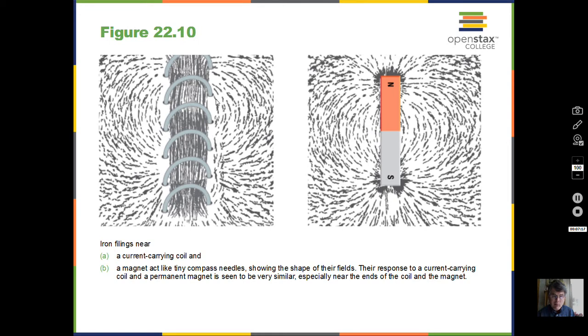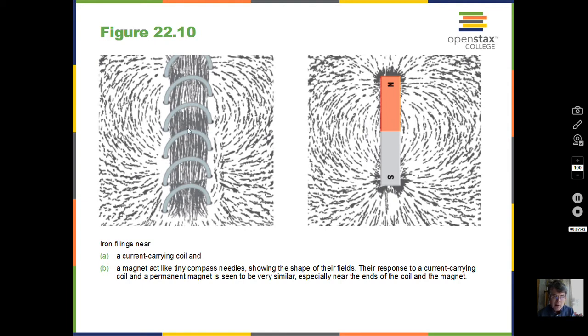Here's an example of magnetic field created by current versus a permanent magnet. The iron filings here, you can see, have a similarity of arcing from one end to the other, making an arc. These are the magnetic field lines, showing the location of magnetic field lines. The magnetic field causes a force on the iron filings, and they tend to line up along the magnetic field lines.